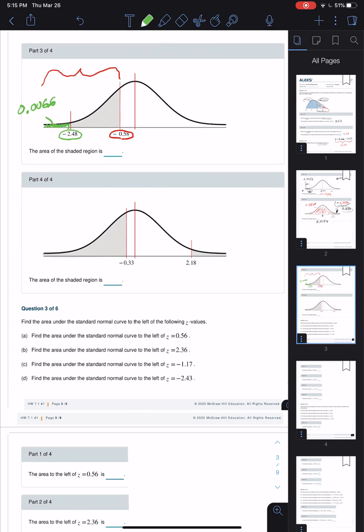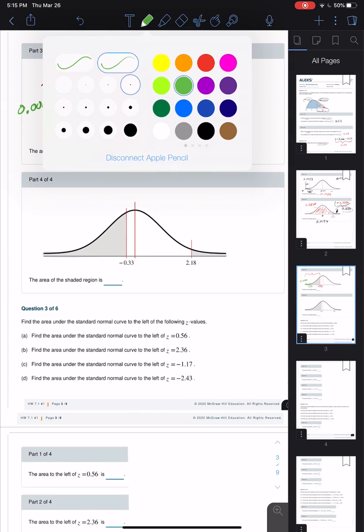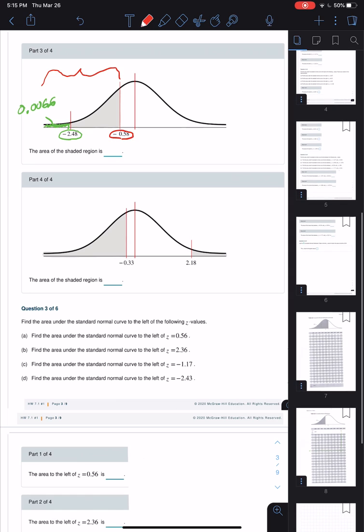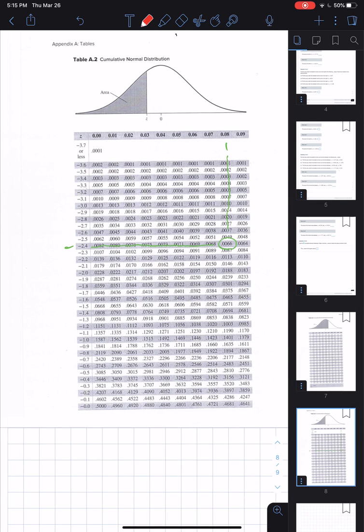Okay, now if I look up this number in red here, which is negative 0.58, on the z-table, let me get rid of that.